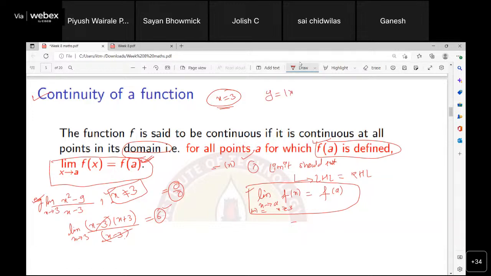Y equals mod of x. Exactly. At the point 0, x tends to 0. Basically this will be minus x when x is less than 0, and it will be equal to positive x when x is greater than 0, right? Yes, sir. f of x equals x when x is greater than or equal to 0, we can put that.